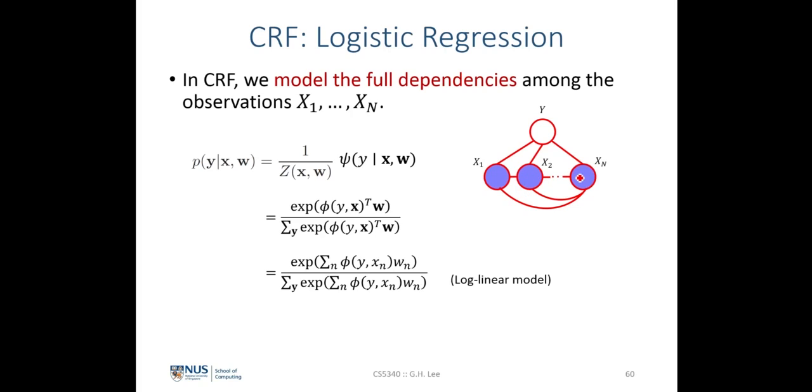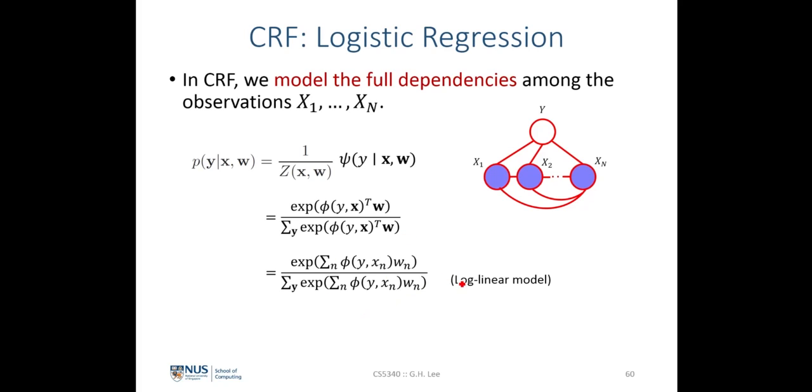It becomes a fully connected graph, and as a result we will get this particular joint probability distribution function, where the potential function of y conditional upon x and w can be represented in the log linear form over here. So in this case, the feature vector would be a function of y and all the observations x, and the dot product with w, which is the parameters of the joint probability distribution, divided by the marginalization over y, which is the partition function over here.